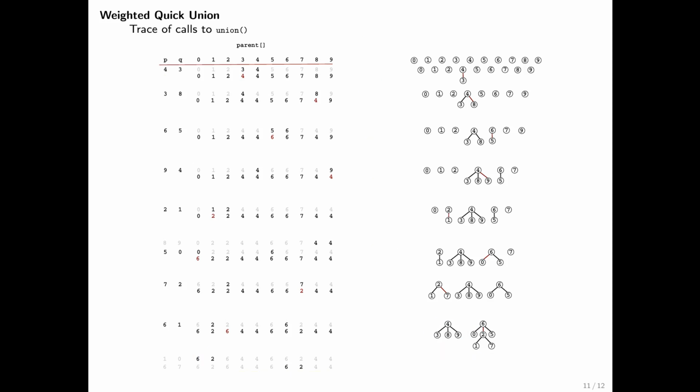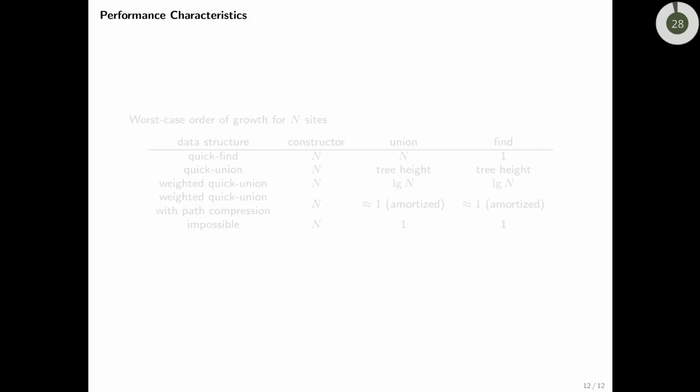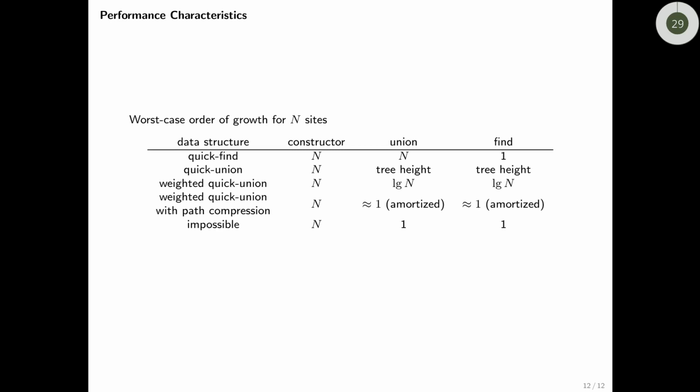Okay, so we are done with the different implementations of the Union Find API. All that we need to do is discuss their performance characteristics, and that's what is shown here. In this table, we see the different implementations listed, and then we have the cost of the constructor, the running time of the union method, and the running time of the find method.